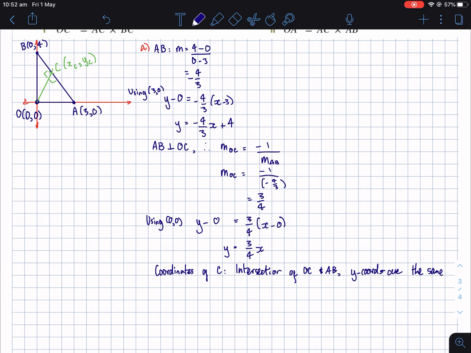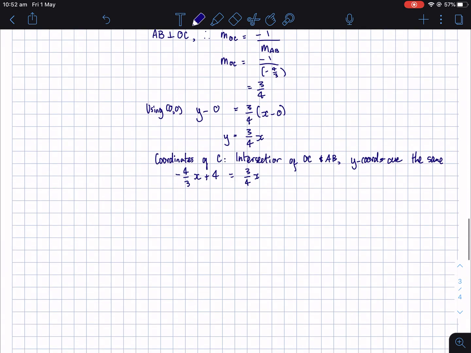So I can say that negative 4/3 x plus 4, which is the equation for AB, equals 3/4 x, which is the equation for OC. So I get positive 4 equals 3/4 x plus 4/3 x. I'm going to do this on a calculator: 3/4 plus 4/3 is 25 over 12. So x equals 4 times 12 divided by 25, which is 48 over 25.